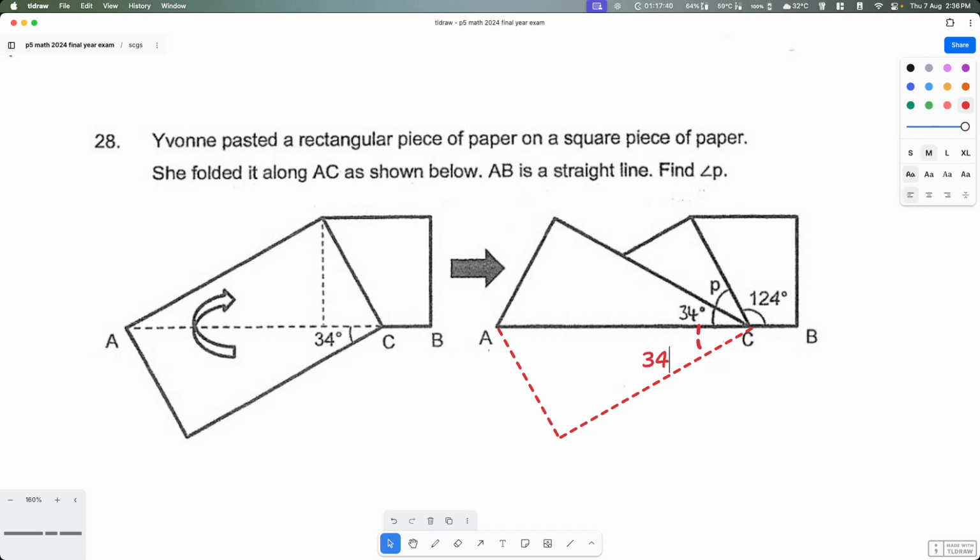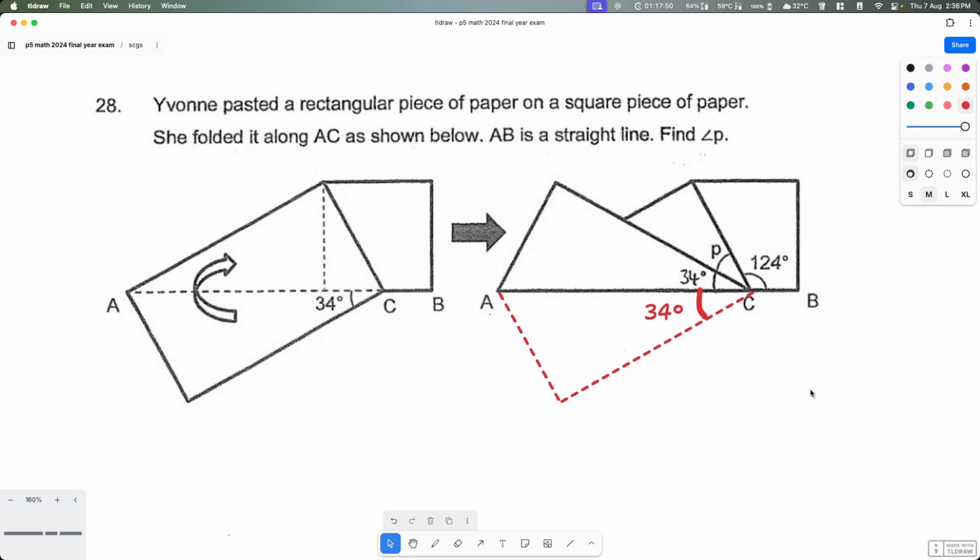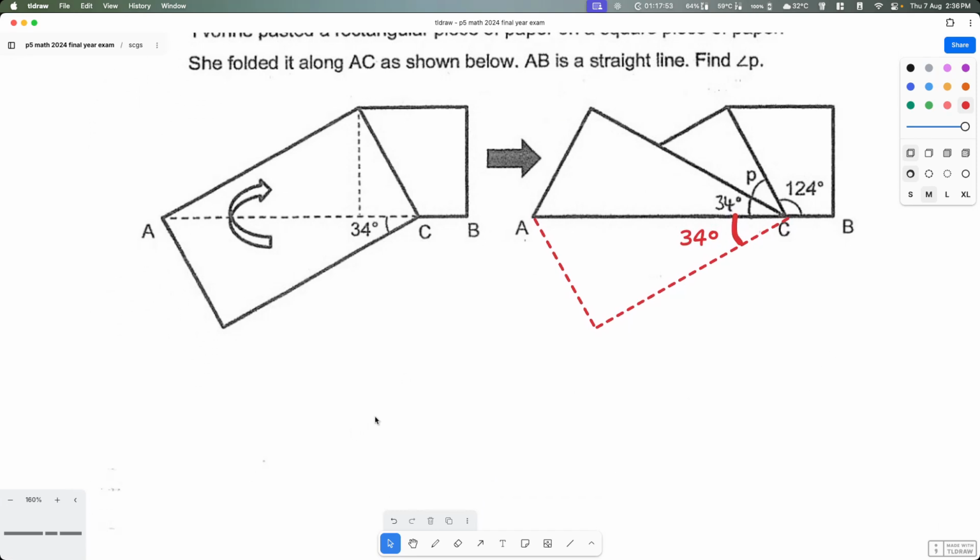So I say over here, folded. Any folded paper will give two same angles.